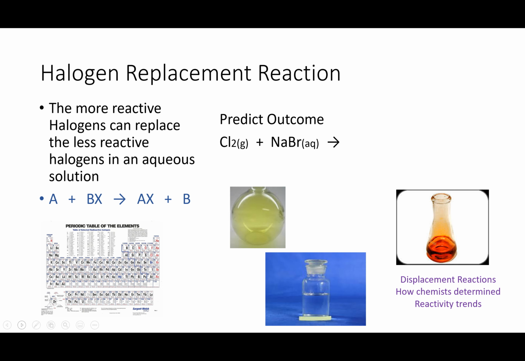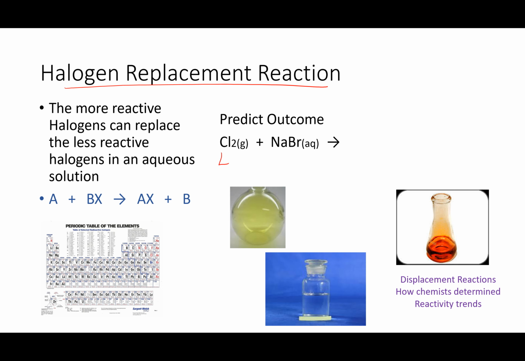So let's see if you got the hang of this and if we can predict the outcome. Halogens can replace other less reactive halogens in single replacement reactions. So we've got sodium bromide reacting with chlorine gas. And I'm telling you, it is going to be a single replacement reaction.